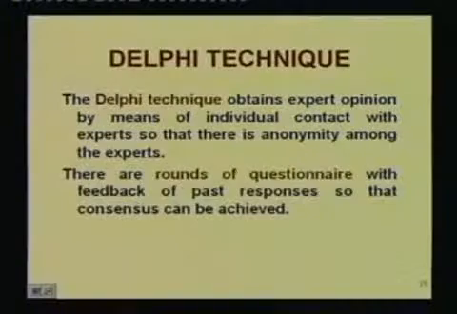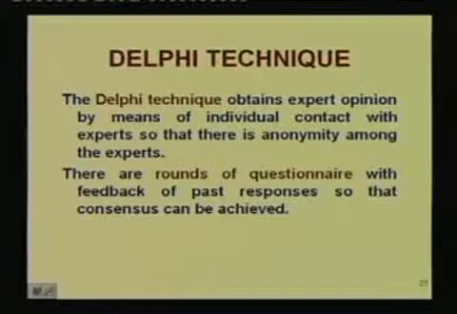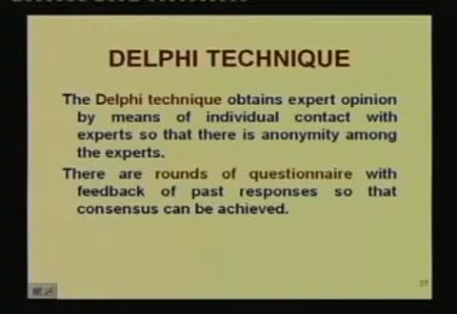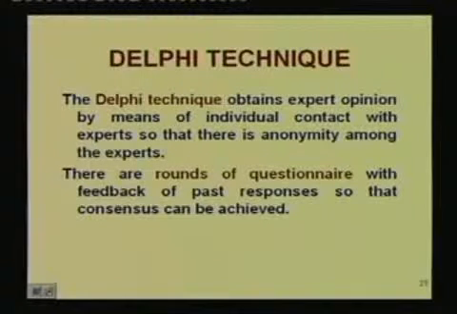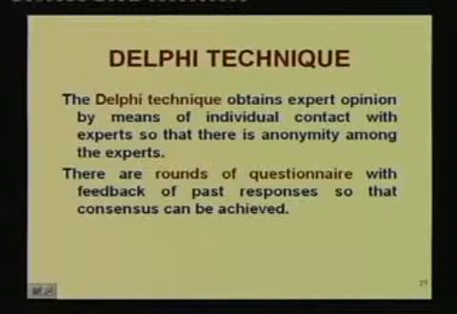So, of the two techniques that we shall discuss, the first one is the DELPHI. We would like to see how this DELPHI technique is different from an interacting group. The DELPHI technique obtains expert opinion by means of individual contact with experts so that there is anonymity amongst the experts. So it's a group of experts who are anonymous to one another.